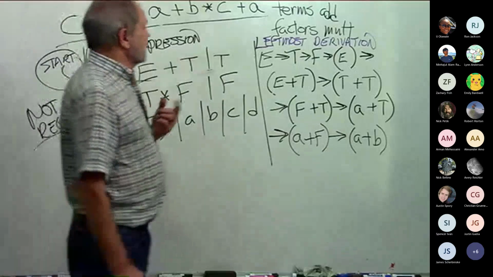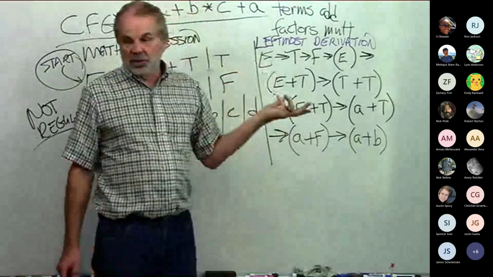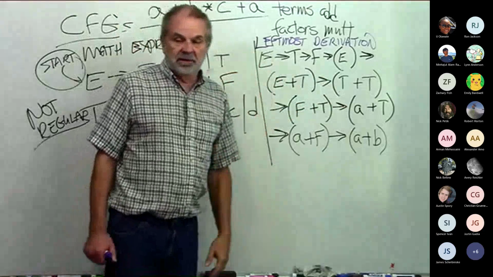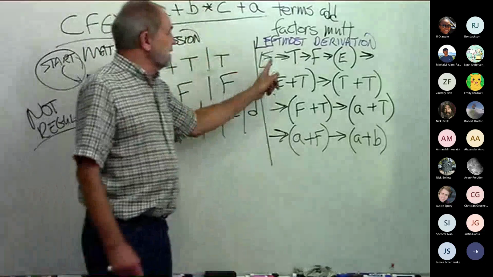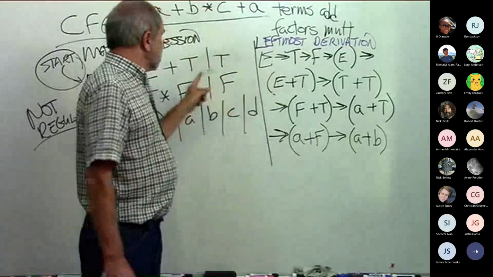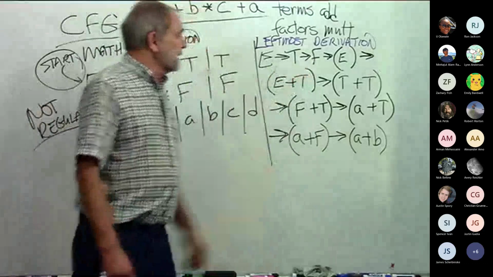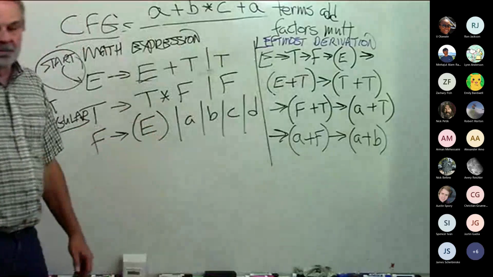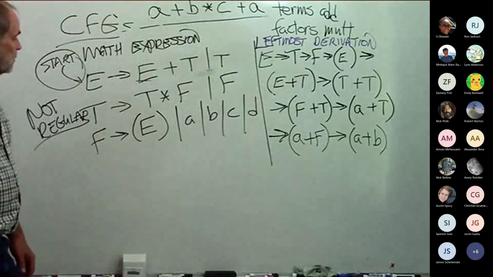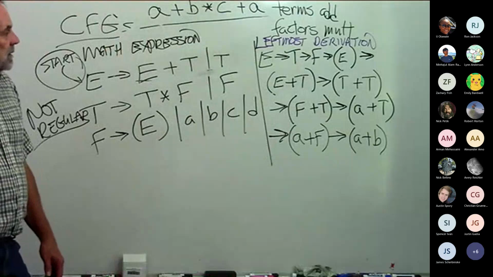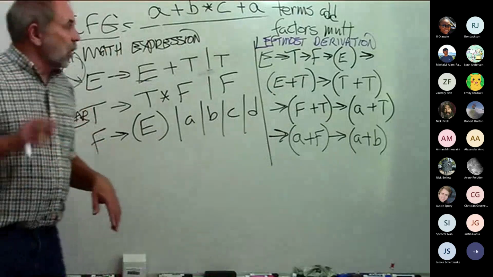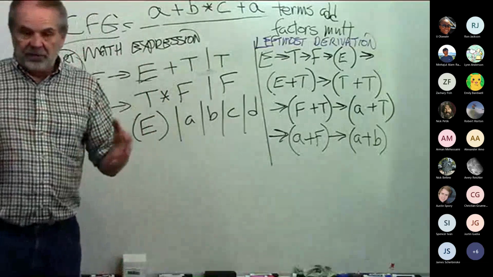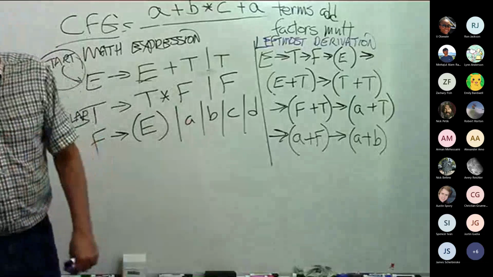So we started with E. That's our start symbol. Every full derivation is going to start with the start symbol. So you start with an E. There's only one option, so we replace the E with the T. Replace the T with the F. And the F is where the parenthesized expression would get put in. That resulted in the open left parenthesis and the closed right parenthesis, which we carried along throughout the derivation. So these things are a little unwieldy.